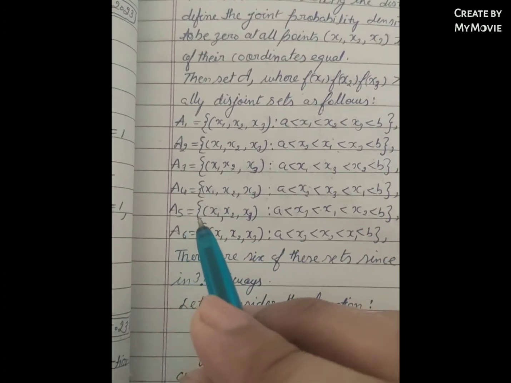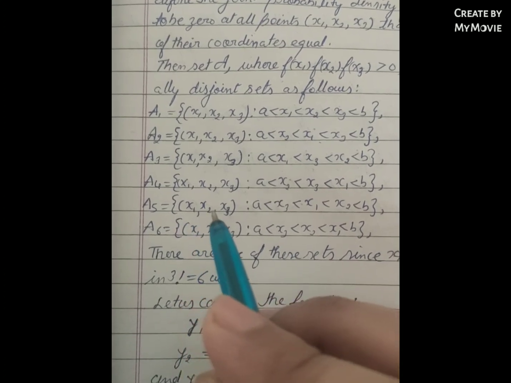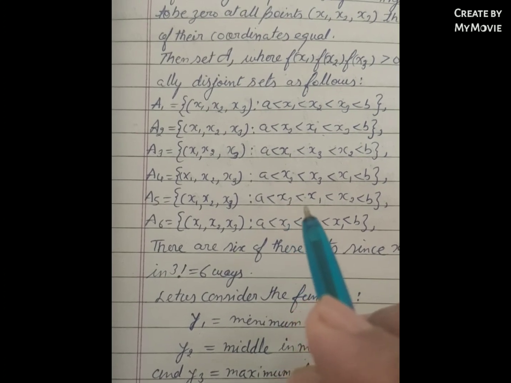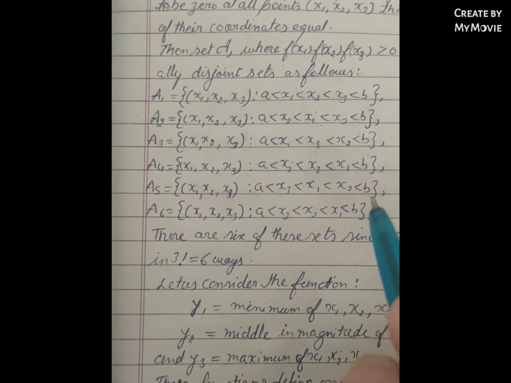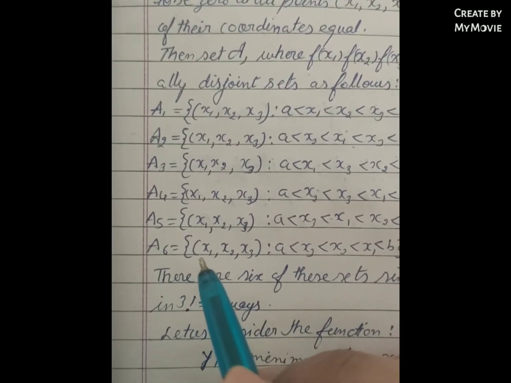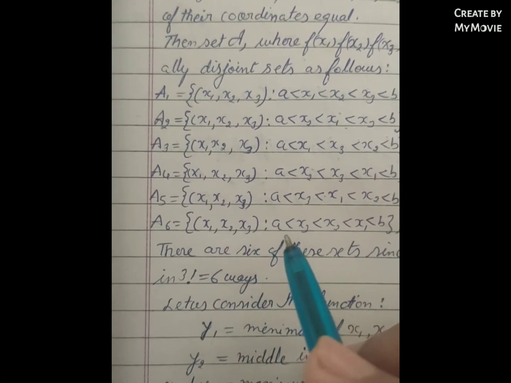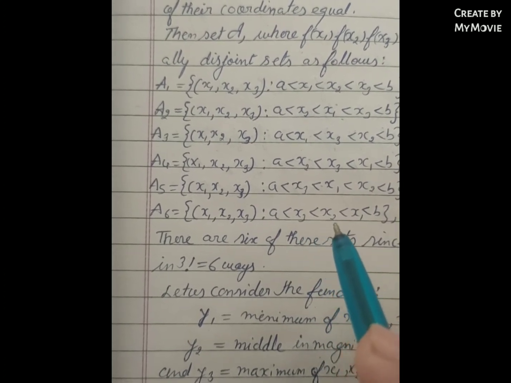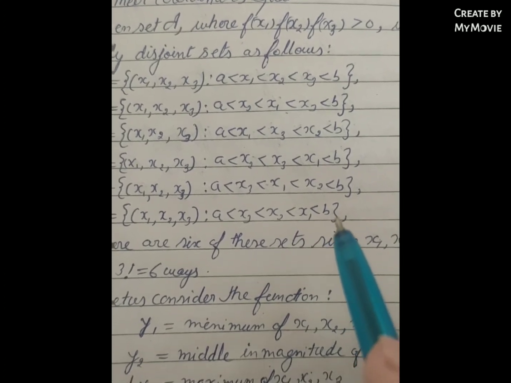A5 is equal to the set of x1, x2, x3 such that a is less than x3 is less than x1 is less than x2 is less than b. A6 is equal to the set of x1, x2, x3 such that a is less than x3 is less than x2 is less than x1 is less than b.